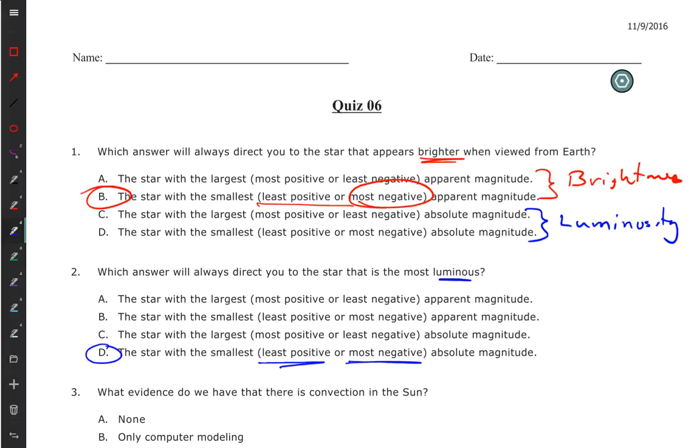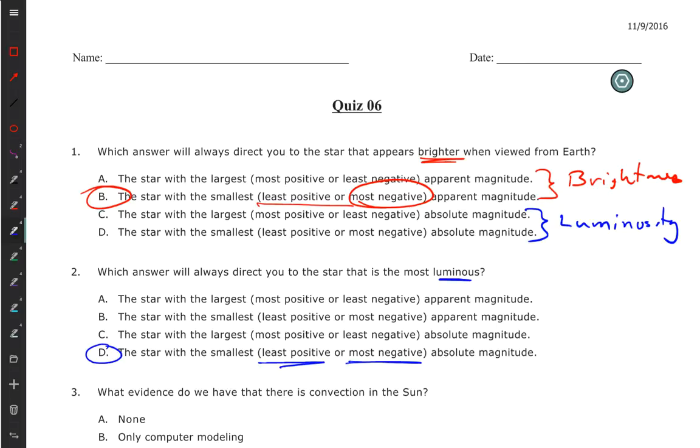I separated them correctly, but I was on A for the first one and C for the second one. Wrong side of the number. Okay, so the keys here were understanding which one has to do with luminosity, which one has to do with brightness, and what means more light, what means less light.